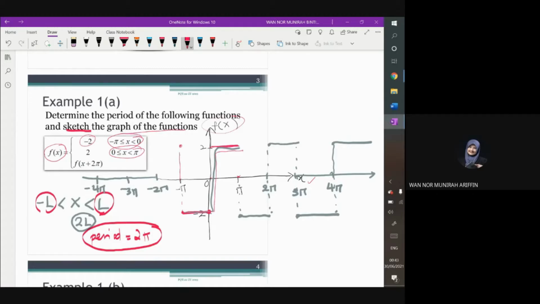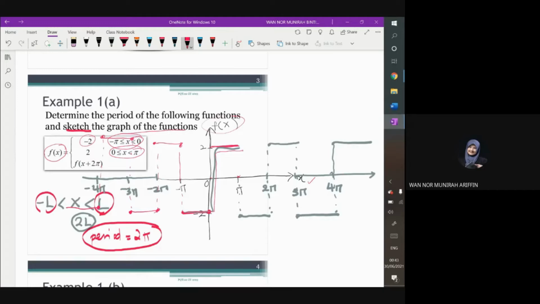Just copy and paste, freehand. Then downward, starting from here again, and then to here, go upward, this one to this one, one unit, and then go downward, and starting from here to the other one unit.